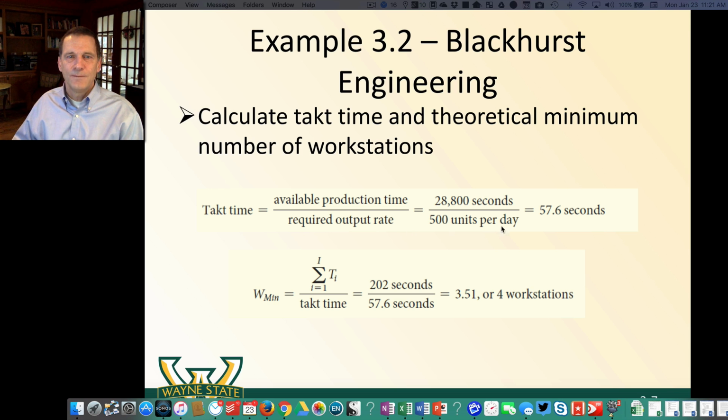That's the contract. So our takt time is 57.6 seconds, and you'll recall what that means is the tempo at which we must produce a unit in order to meet demand. This is the minimum specification of production that allows us to meet demand.